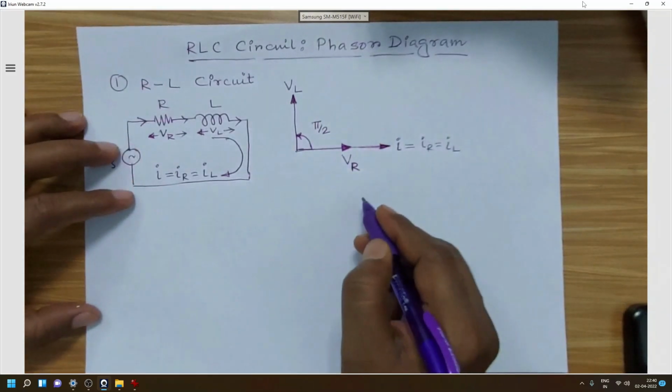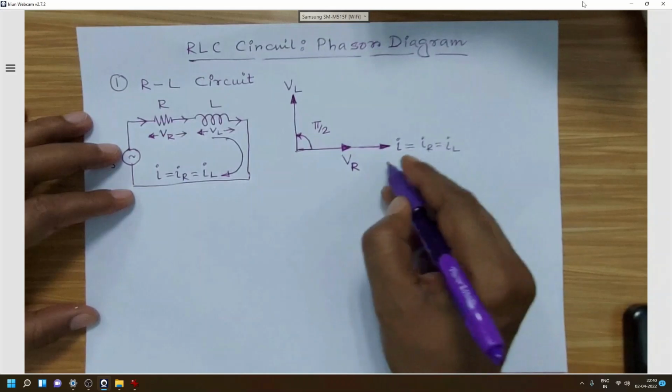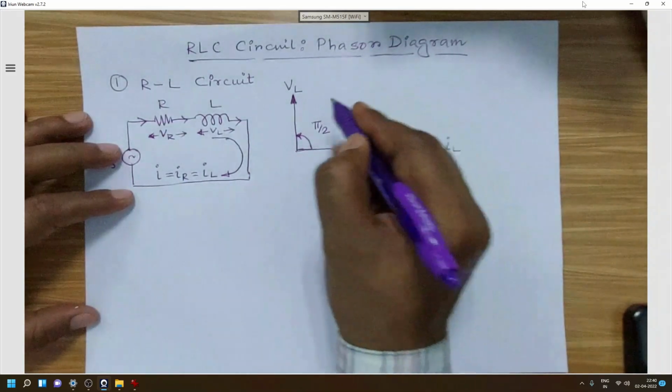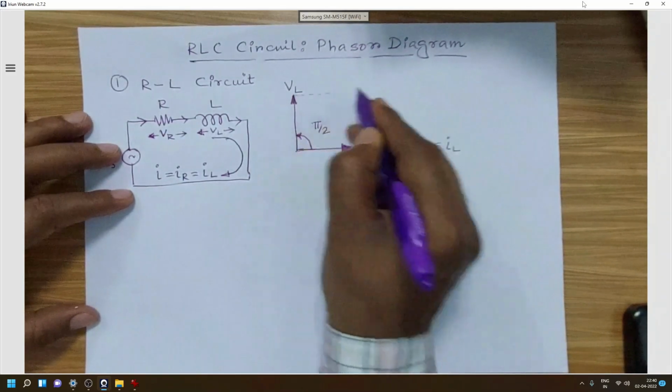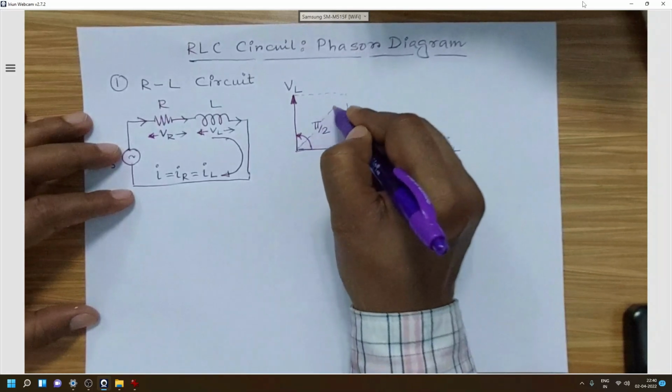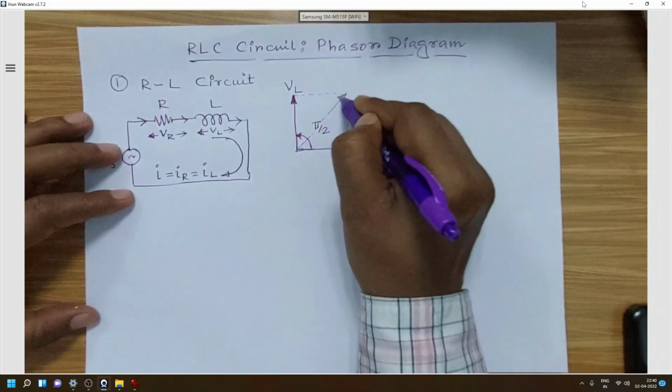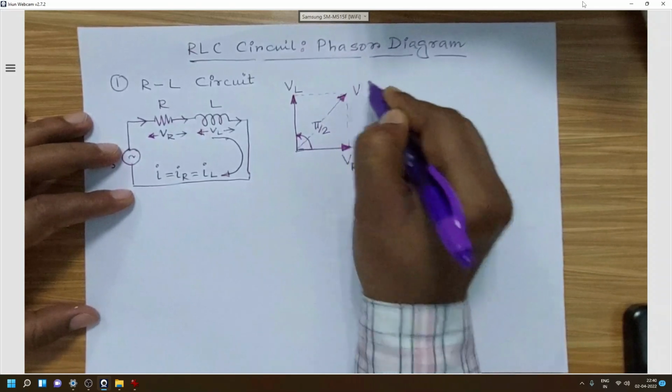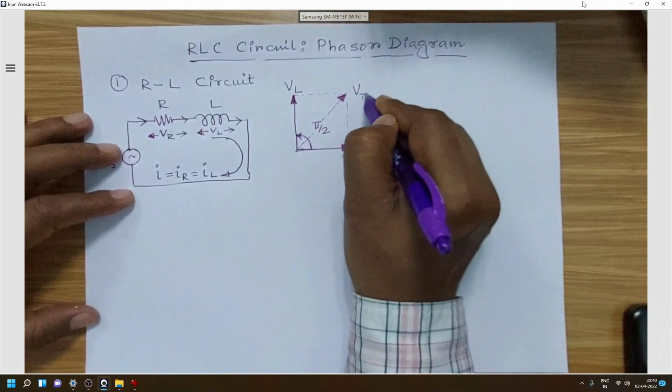If we think about the phase angle of the entire circuit, we have to sum up these two phasors and we will get one resultant voltage, which we can consider as VT.